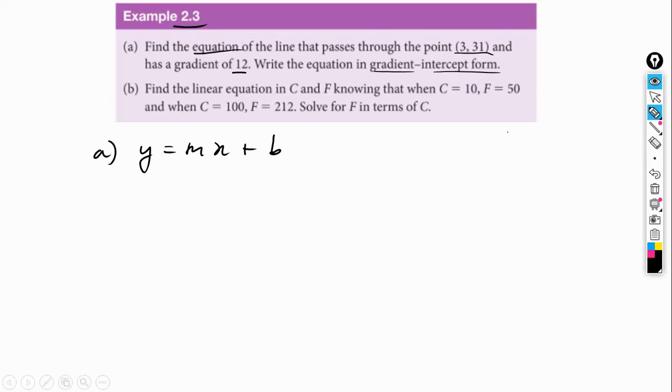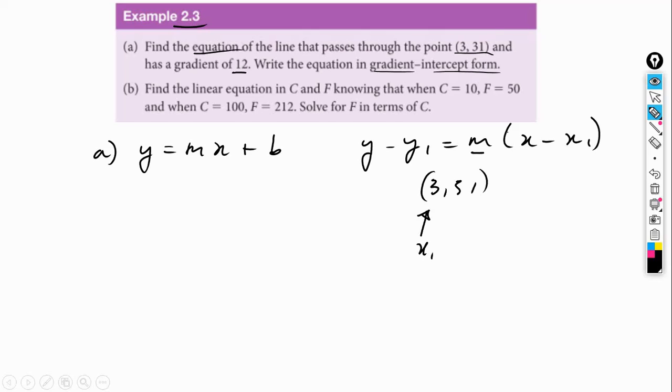What is the gradient point form? Remember that the gradient point form is y minus y1 is equal to m times x minus x1. And for this, we need the gradient and we need a point, which we already have. Notice that we have the point 3, 31. So this is going to be x1, and the 31 is going to be y1.